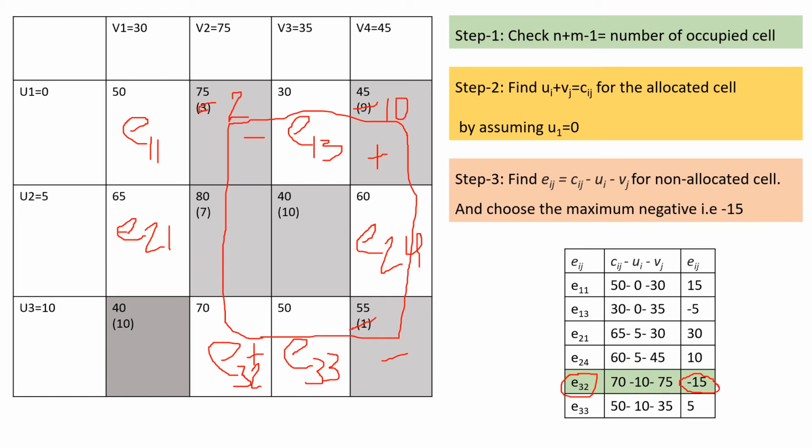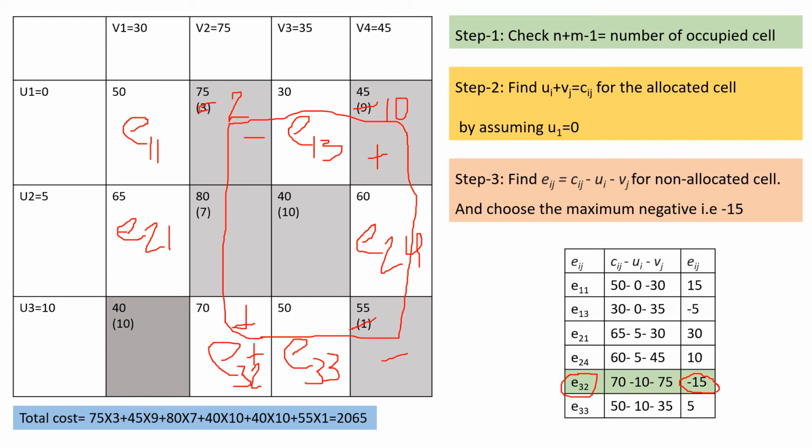And here we have to add 1, and we get 1 item allocated here. So as you see, the cells are already allocated, right? The new cells are allocated.